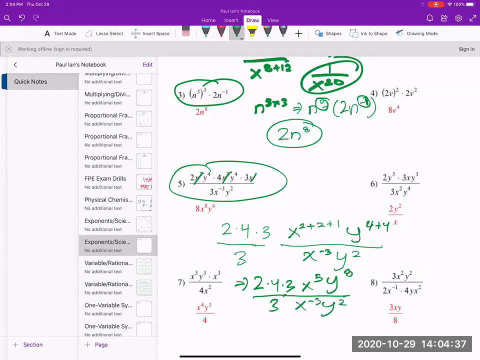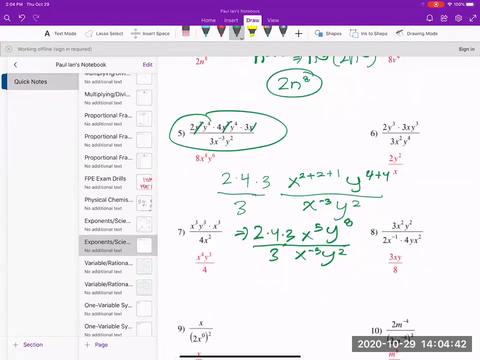All right, what do you do now? Now you put the exponents that are on the bottom that are negative onto the top. Perfect, yeah, that's what you do. So 2 times 4 times 3 over 3. So you have this x to the 5, and then you plus 3.